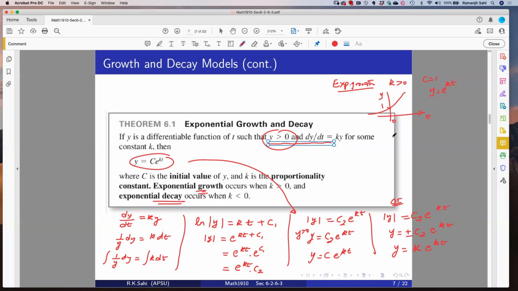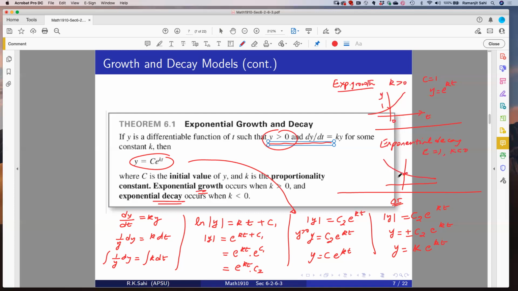Now let's look at exponential decay. Once again, here my c is 1, and my k is less than 0. So when k is negative, any negative value, the graph will look like this.